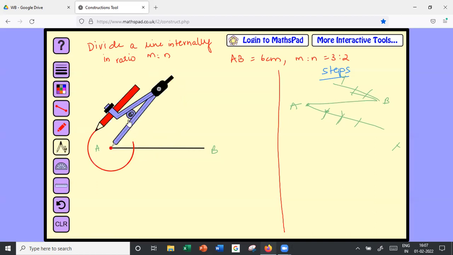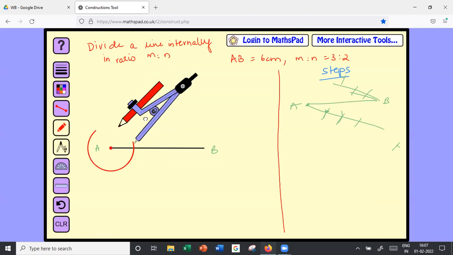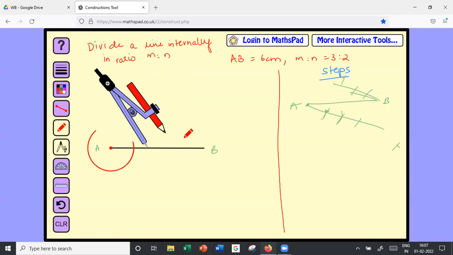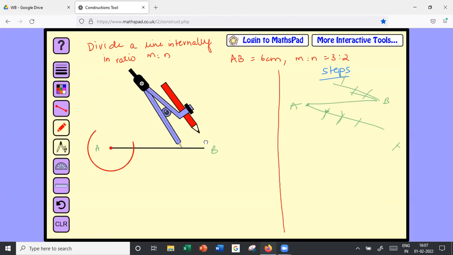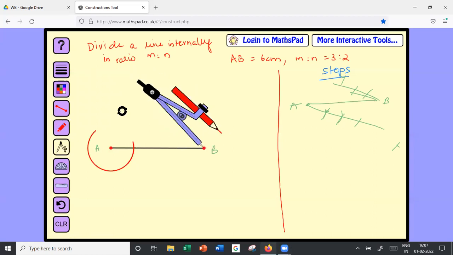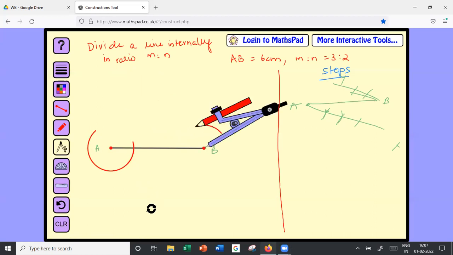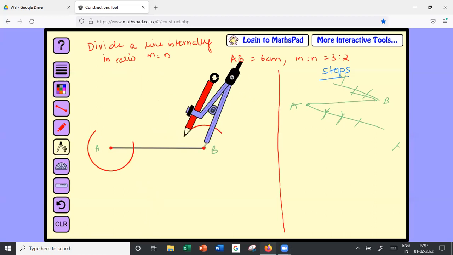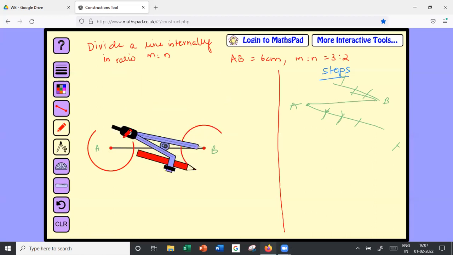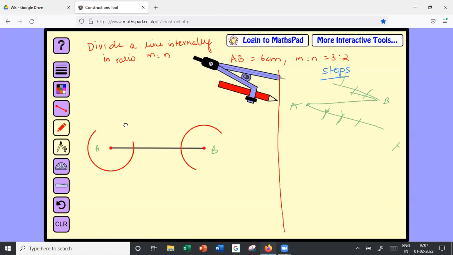Then I'm going to move my compass, keep it on B and make the same semicircle upwards because I need to make one angle on top. You can call it a circle, semicircle, arc, whatever you feel comfortable remembering. But this is the first step you do when you're drawing any angle. That same thing I'm doing.